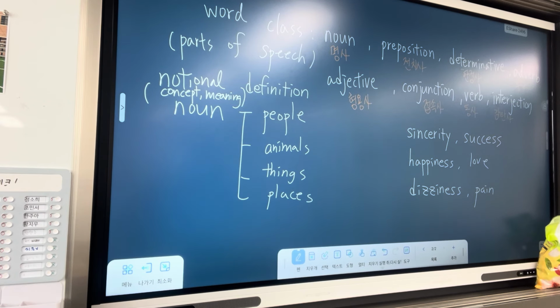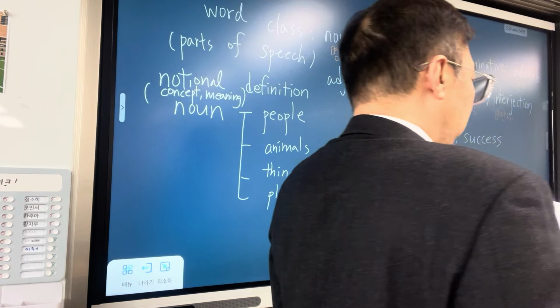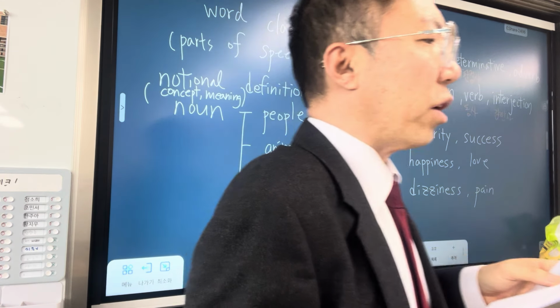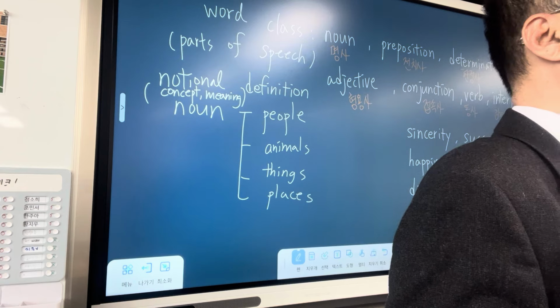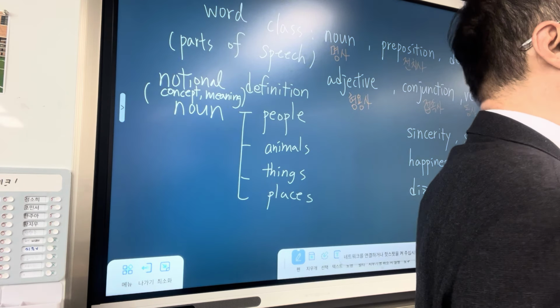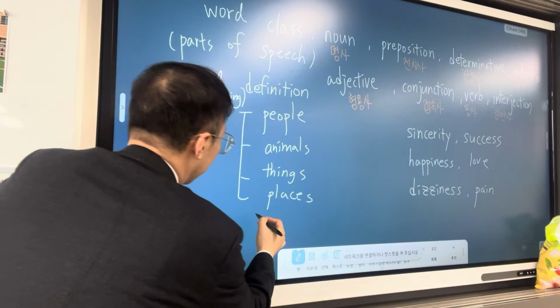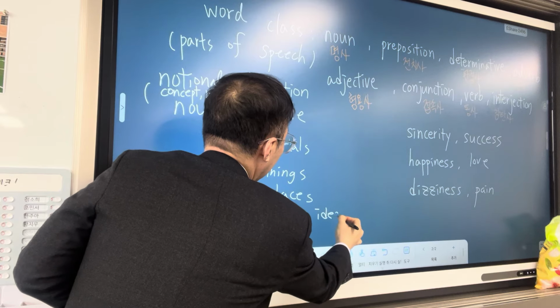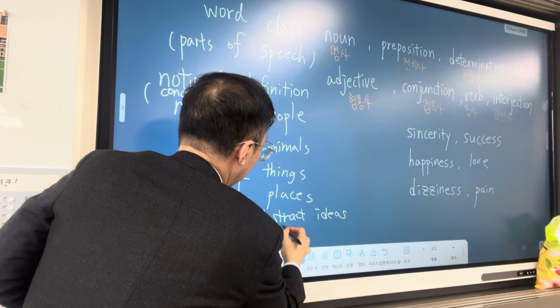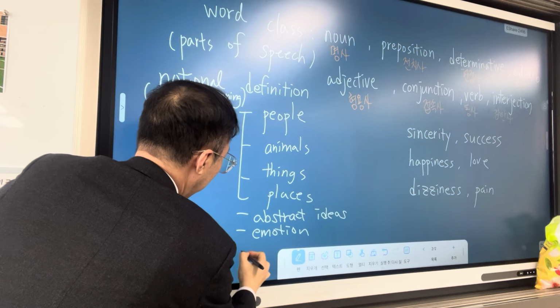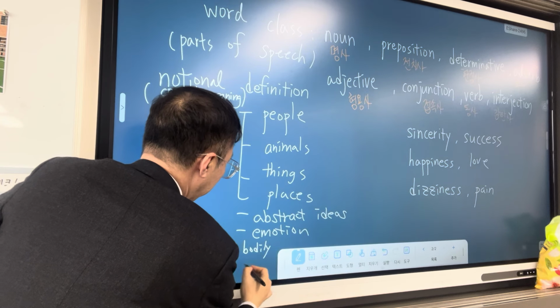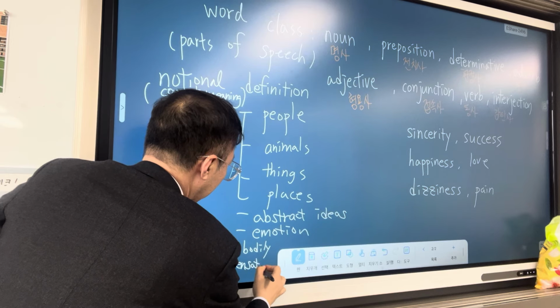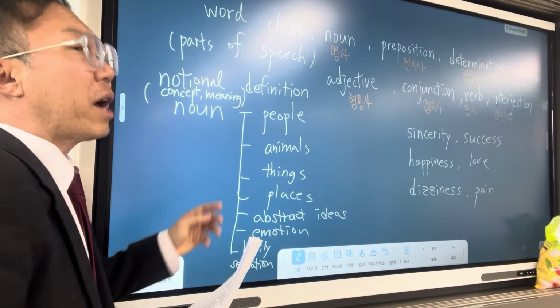Of course, we could keep on extending our notional definition in such a way that eventually all these words would be incorporated into the class of nouns. So we can solve this problem.